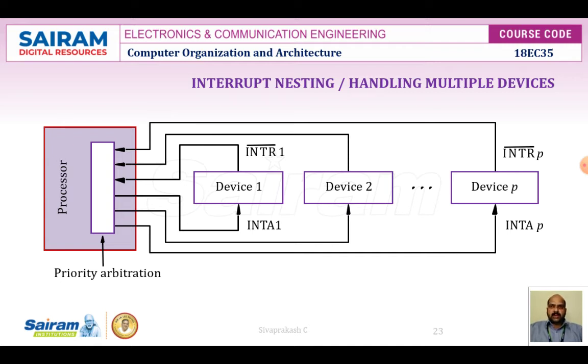Usually the location pointed to by the interrupting device is used to store the starting address of the interrupt service routine. Before the processor starts executing the interrupt service routine for a device, it disables the interrupt from the device. In general, the same arrangement is used when multiple devices can send interrupt requests to the processor.